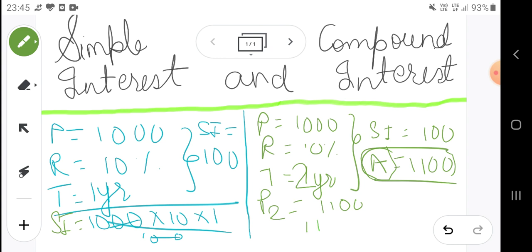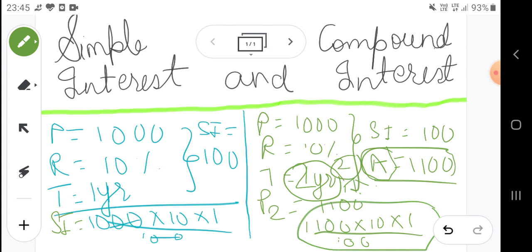Now place the value 1100 into 10 into 1 upon 100. This should not be taken directly as 2 years, but you have to take it as an individual unit. And in this we have to find the compound interest, whatever value you get, that is 110, will be your SI here. Add it, amount will be 1210, isn't it?